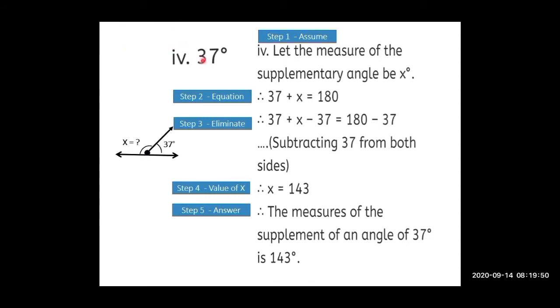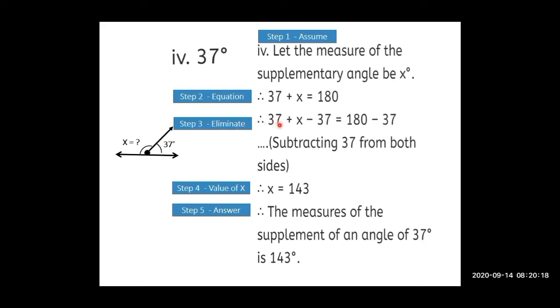So, next is 37 degrees. Same steps we have to follow. First, we draw a rough diagram. Then step 1, assume. Let the measure of the supplementary angle be x degrees. Step 2, equation: 37 plus x equals 180. Step 3, elimination.